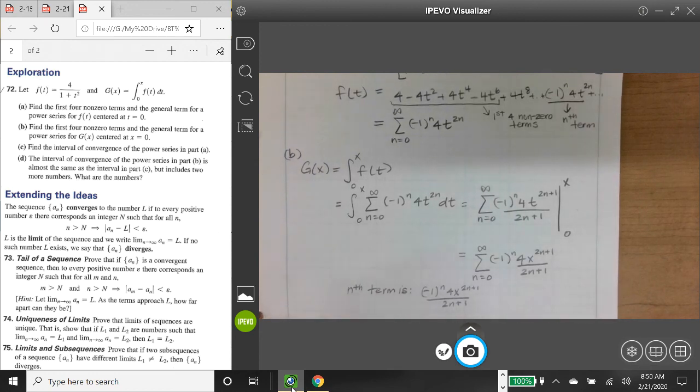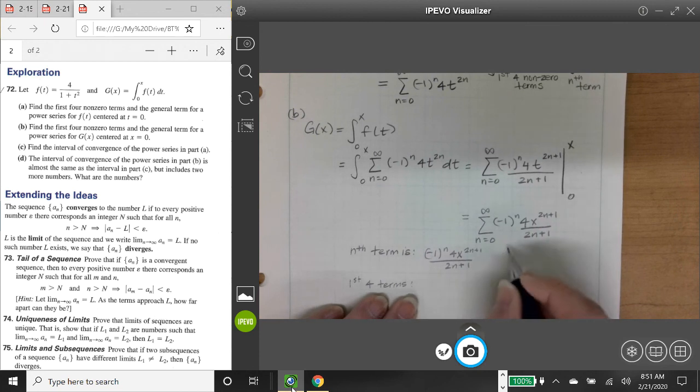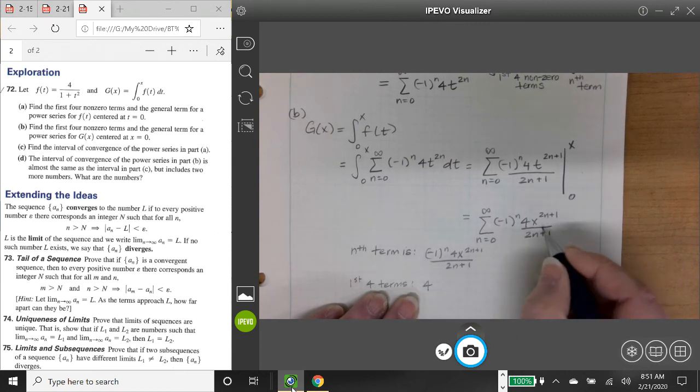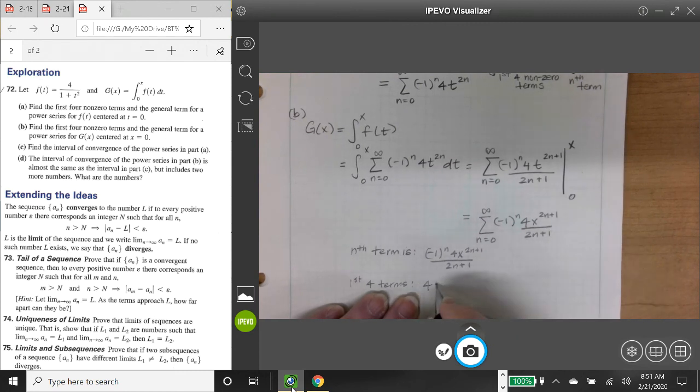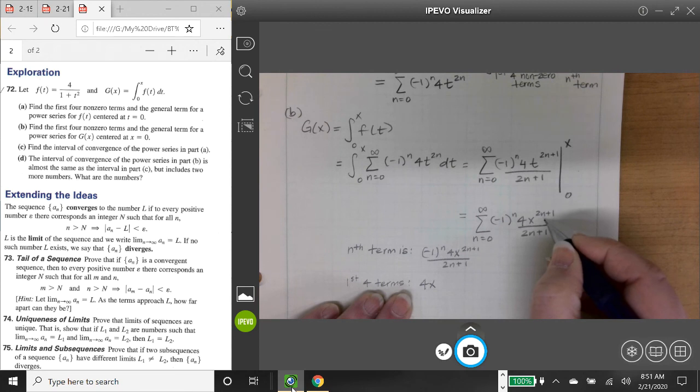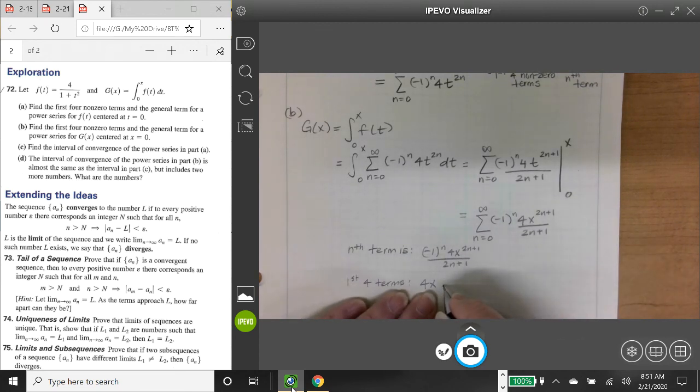And then for the first 4 terms, we let n equal 0. And that's going to be a positive number. And then this is going to be 4x, because if I plug in 0 for n, I get x to the first over 1, plus, well, it's going to be minus, right?